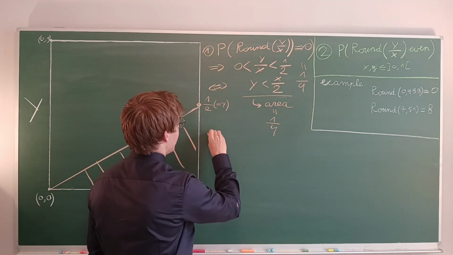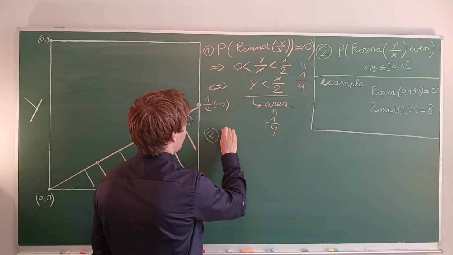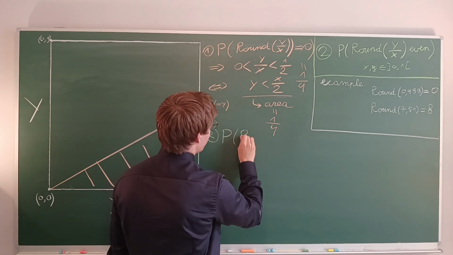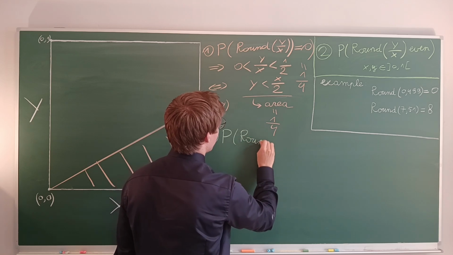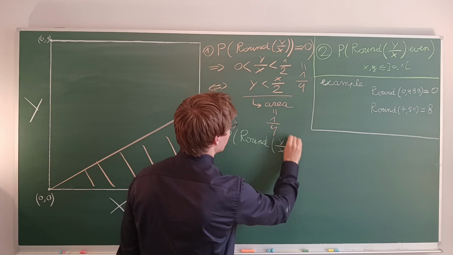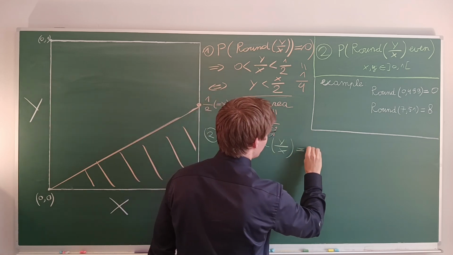Let's now use a second example where we calculate the probability that round of y over x is equal to 2.